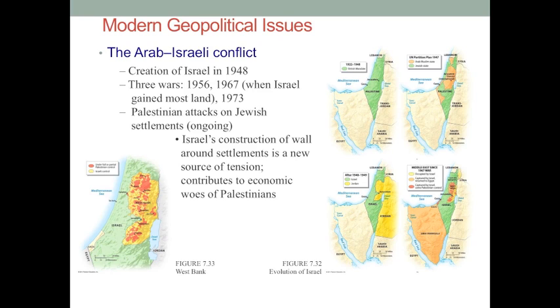This did produce significant tension in the region, and it was an area that had a large Jewish population, but also had significant populations of Palestinians at the time. If you look at this series of maps, examine how the landscape of Israel changes through time and through the conflicts of the period. That's what I'm going to be looking at in terms of a quiz question. So take some time to look at that.